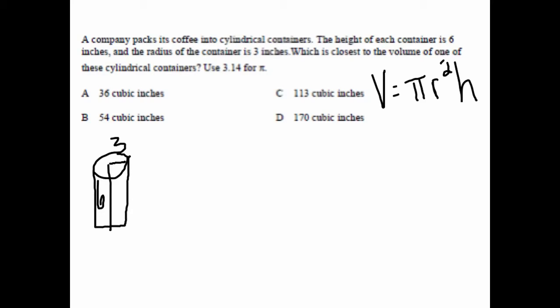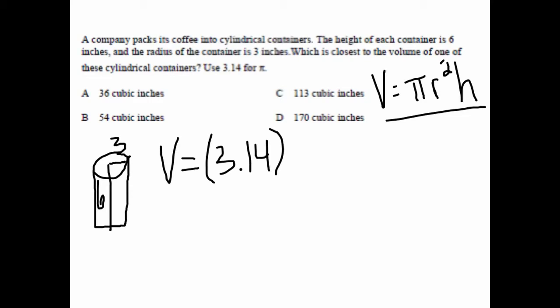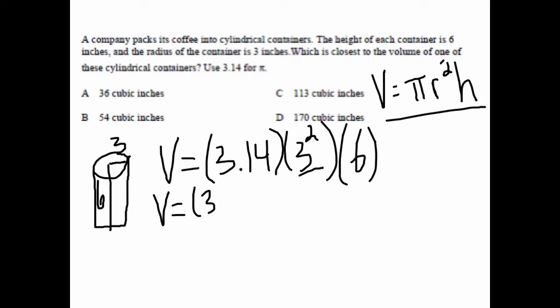Now all I have to do is plug it into my formula. So V equals, I'm using 3.14 for pi. My radius was 3, raise that to the second power, times our height of 6. Before I multiply this out, I'm going to go ahead and simplify this down. So I'm going to bring down my 3.14. 3 squared is 9.